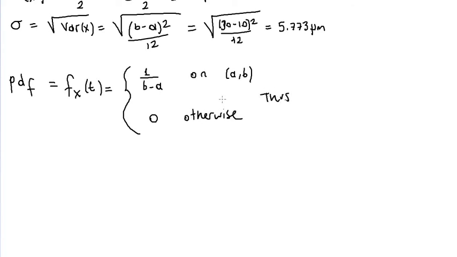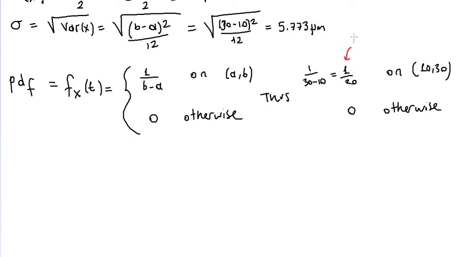Thus, our PDF will be 1 over 30 minus 10, which is 1 over 20, supported on the interval 10, 30, and 0 otherwise. 1 over b minus a is at the same time the height of the function.